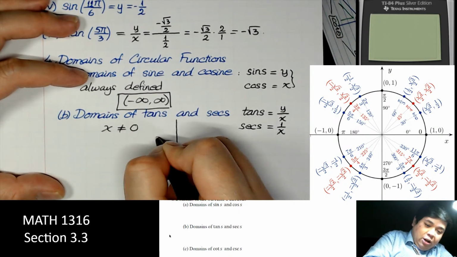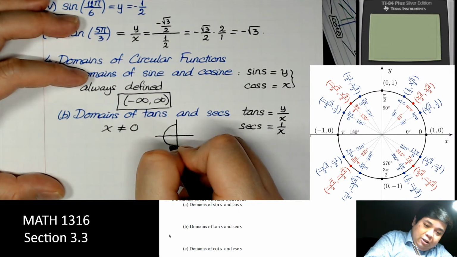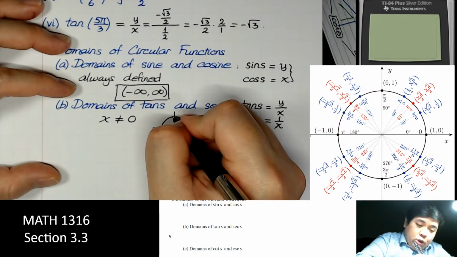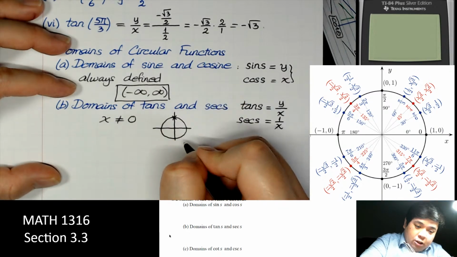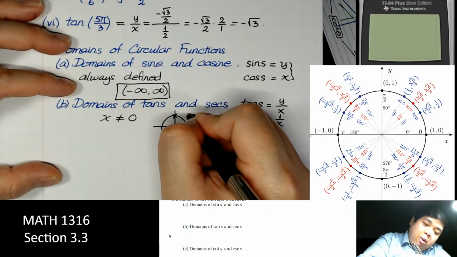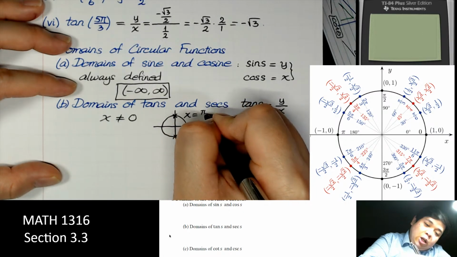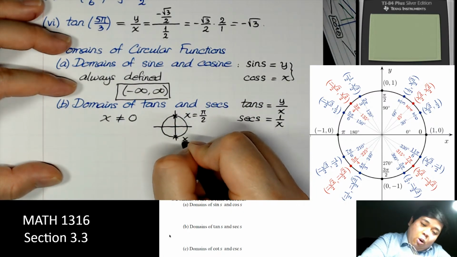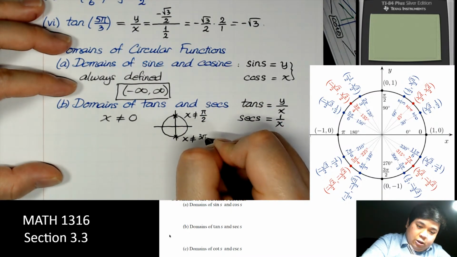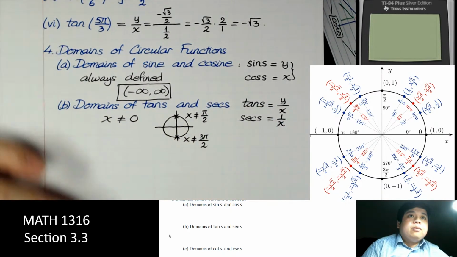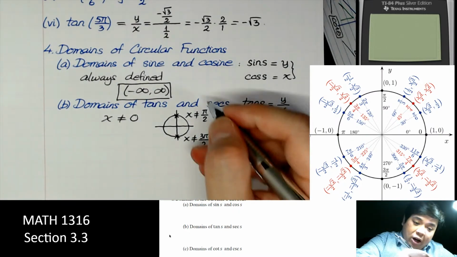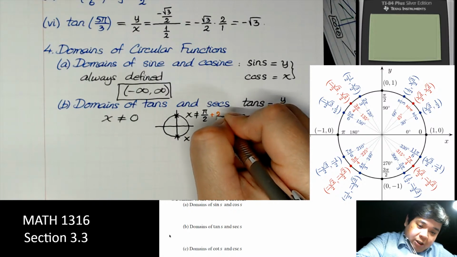So on the unit circle, where x is equal to 0, we're talking about this point and this point, which cannot be pi over 2 or 3 pi over 2. We include the coterminal angles, so we might go extra revolutions.